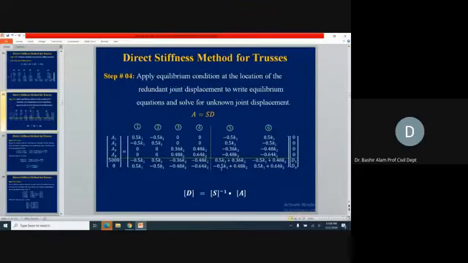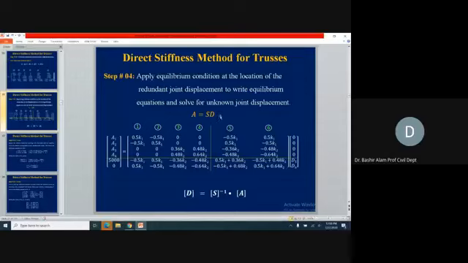Okay, if you don't have any question, then this vertical and horizontal line has a significance now. We will be dealing with these elements to solve for the unknown joint displacements and for the unknown support reactions. Now, apply the equilibrium condition at the location of the redundant joint displacement to write the equilibrium equation and solve for the unknown joint displacement.